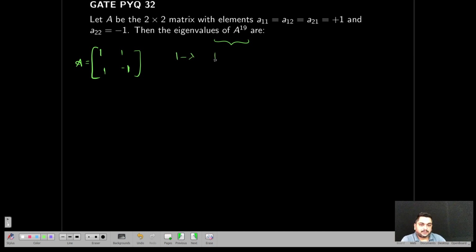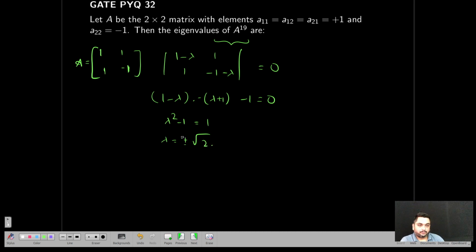So determinant of 1 minus lambda, 1, 1, minus 1 minus lambda equals 0. This is 1 minus lambda into minus of 1 lambda plus 1 minus 1 equal to 0. It is lambda square minus 1 equal to 1. Lambda equal to plus or minus square root of 2.